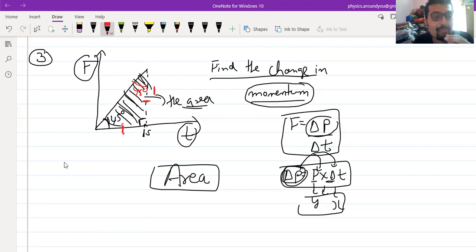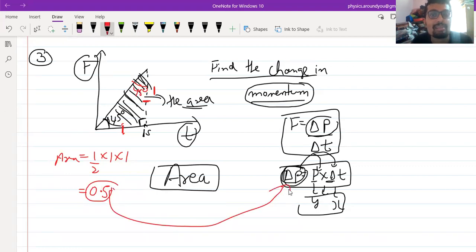So what is the area? Area is half into 1 into 1, which is 0.5. You found the area, but what is the physical significance of the area? Change in momentum is the physical significance.